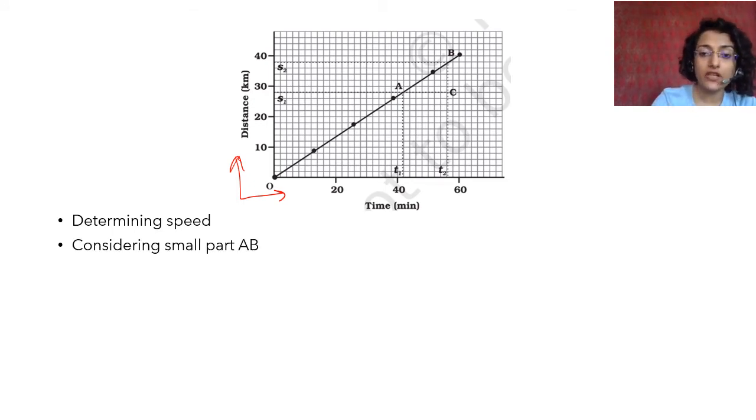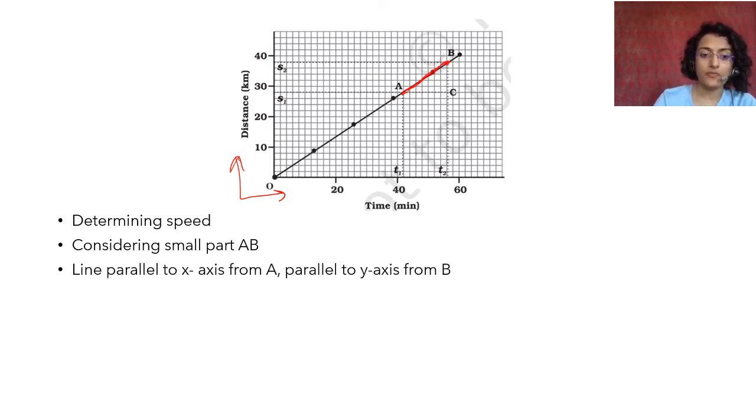What we will do is we will consider this small portion A and C. This is point A and this is point B, for example, right? So we consider this small part of this line. This is a straight line, so you can take any part and it will be the same for each of them.